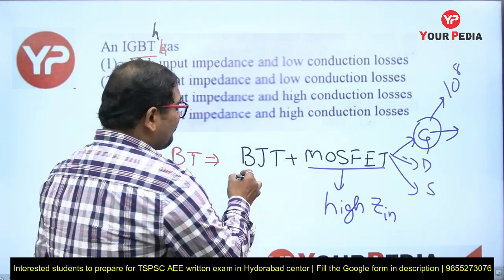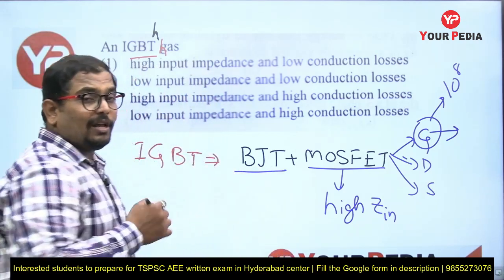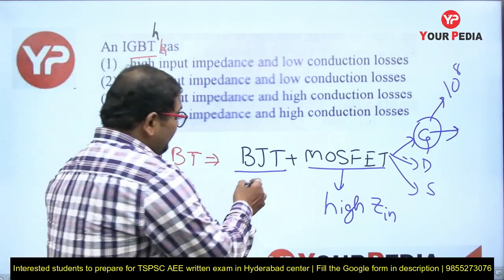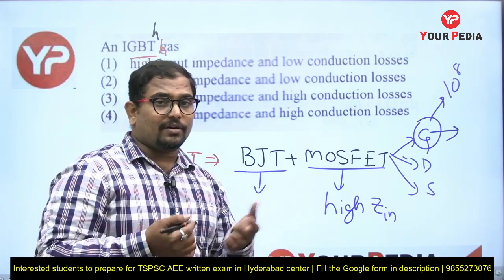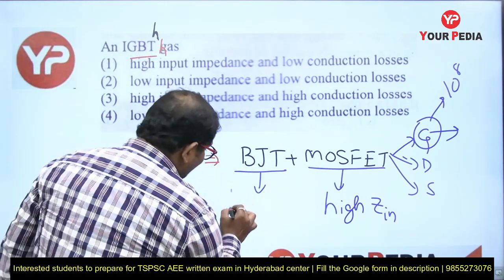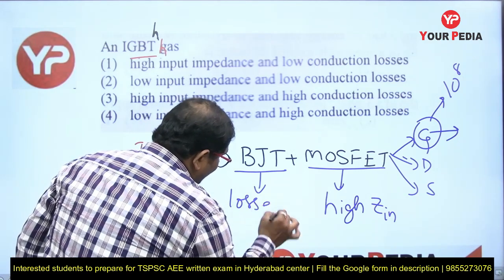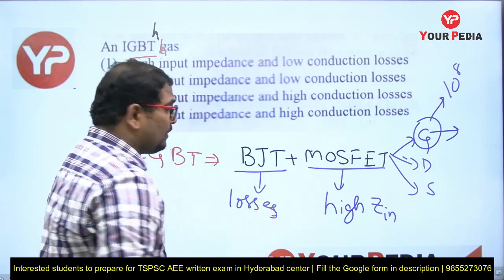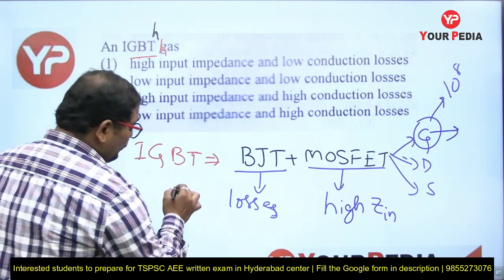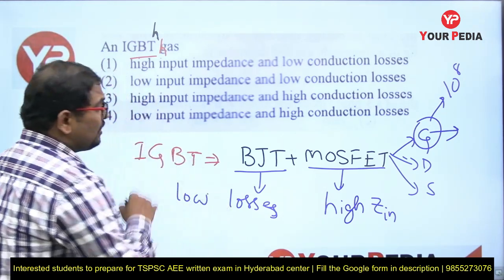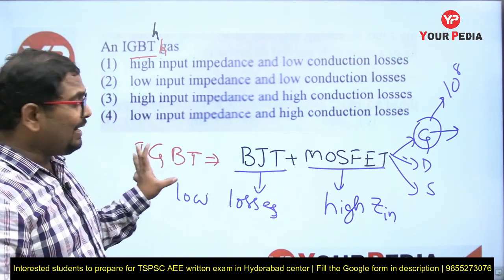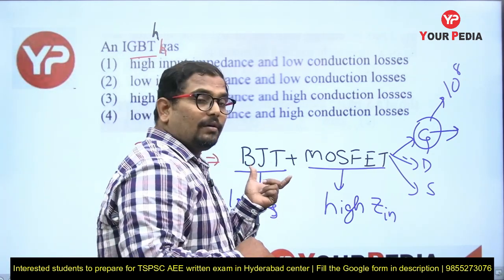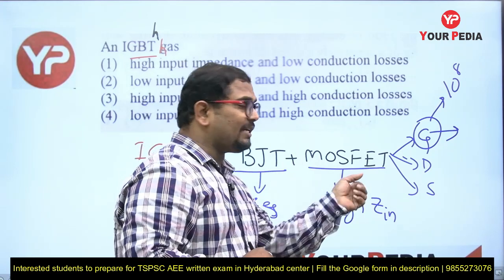But what about the advantages of the BJT? The BJT has the advantage of low conduction losses. So the losses incurred in the BJT are low. The IGBT is built by combining the advantages of both BJT and MOSFET.